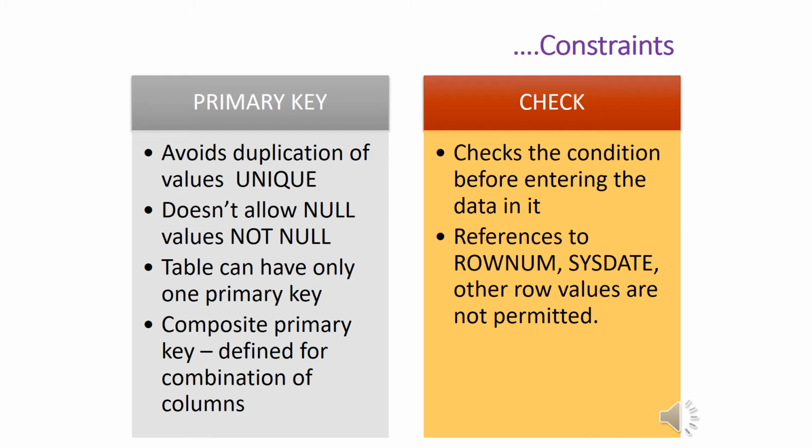It should be defined at the table level. The fourth one is check constraint. It checks some condition before entering the data into table. References to rownum, sysdate, and other row values are not permitted.